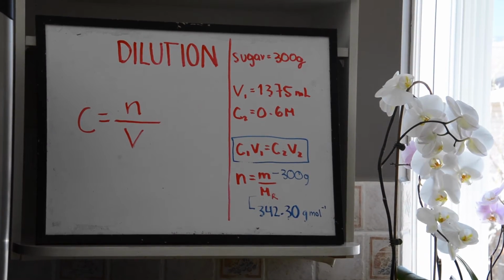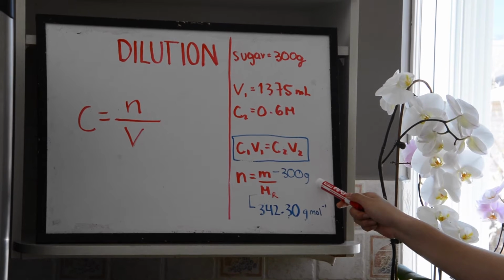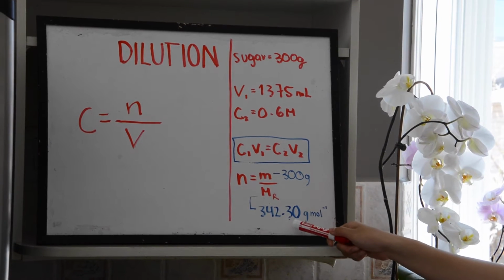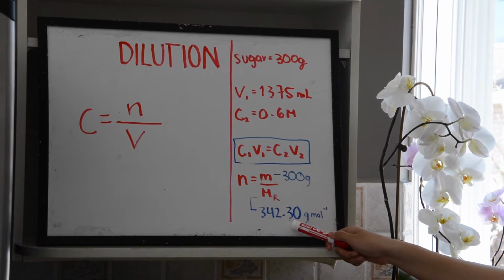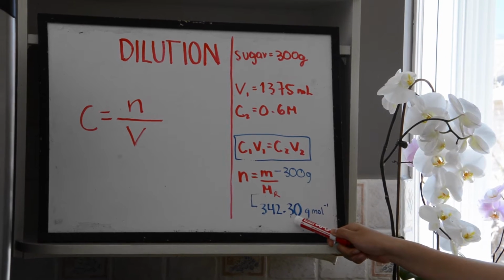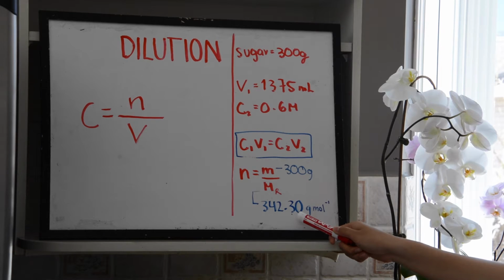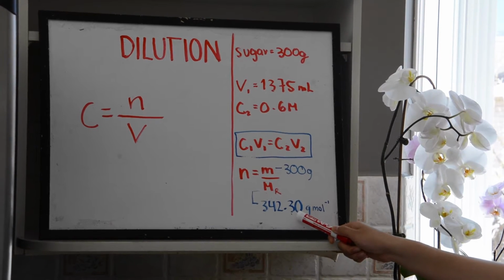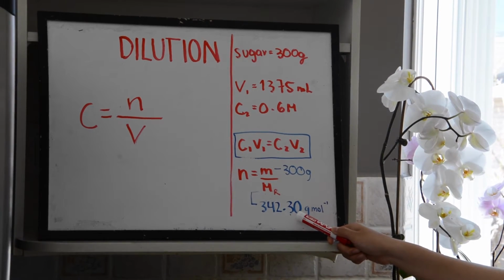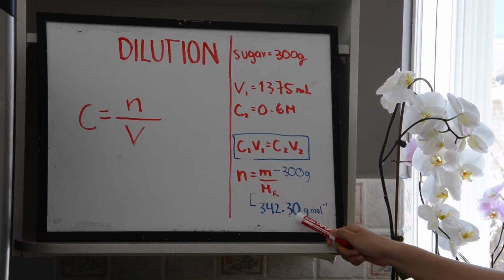We know that the mass is 300 grams, and the molar mass is the addition of all the atomic masses of all elements within the chemical formula of the solute, sugar. Since the chemical formula is C12H22O11, the molar mass must be 342.3 grams per mole.